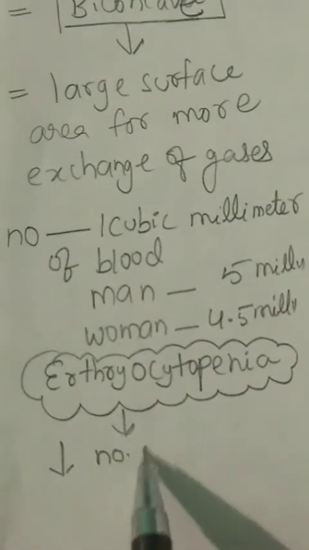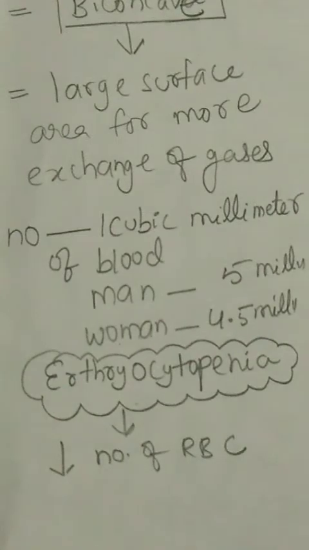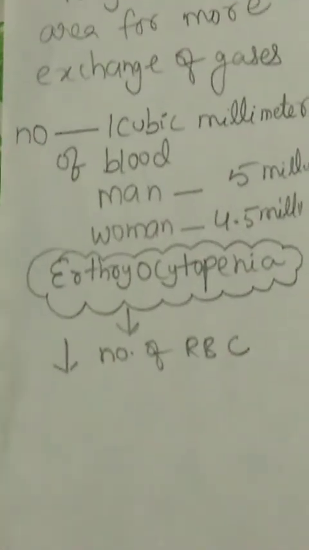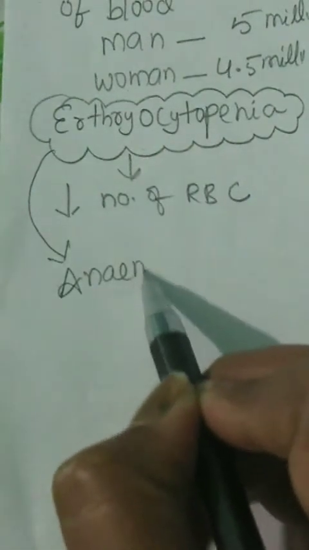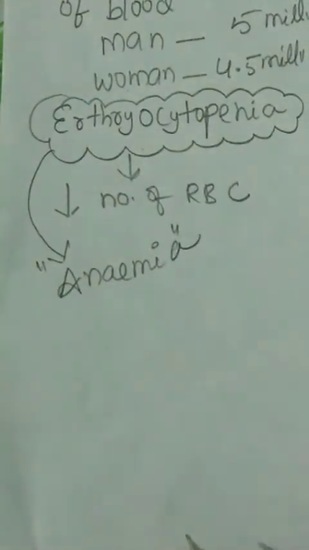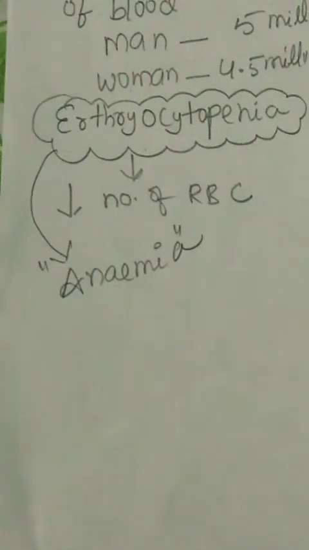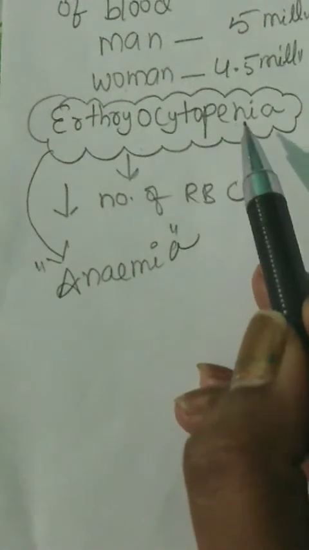The stage where the number of RBC gets reduced, that condition is called erythrocytopenia. Erythrocytopenia leads to anemia.